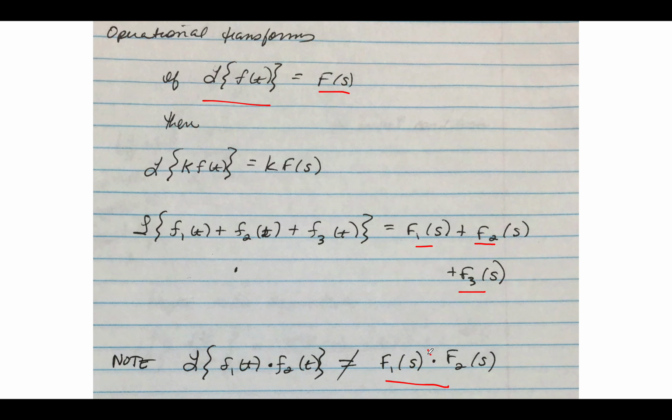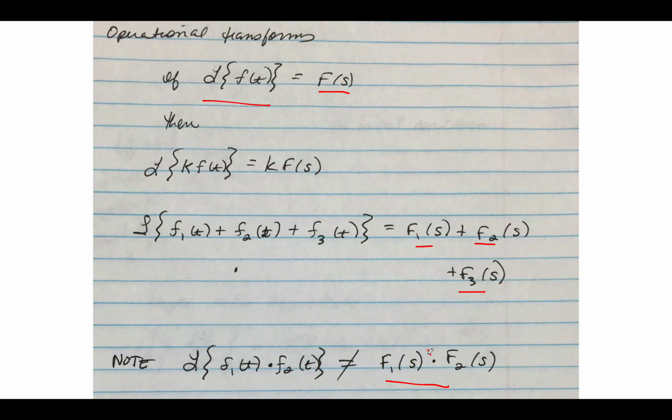So once again, F(s) would be the transform of f(t). If that f(t) was multiplied by e to the minus at, then everywhere you had an s in your transform, replace it with an s plus a, and that takes care of the frequency shift property.